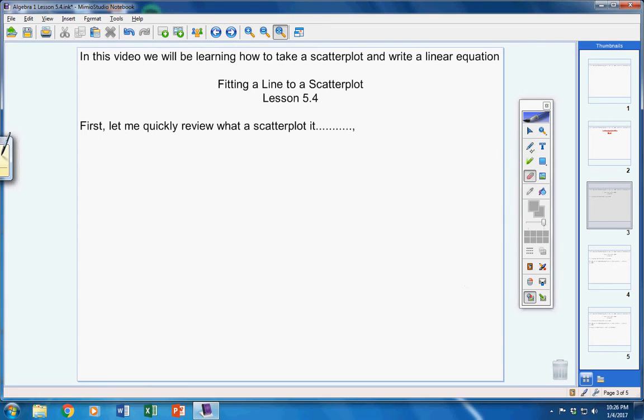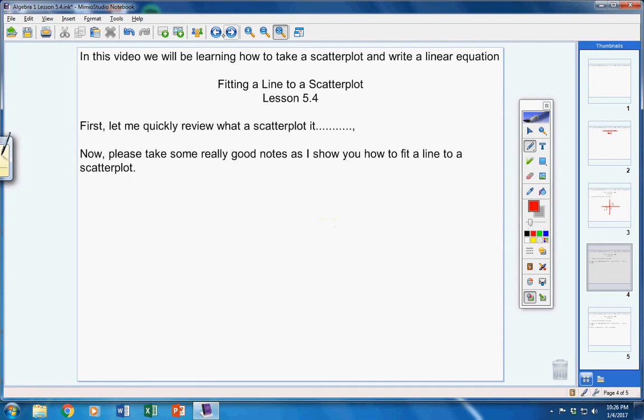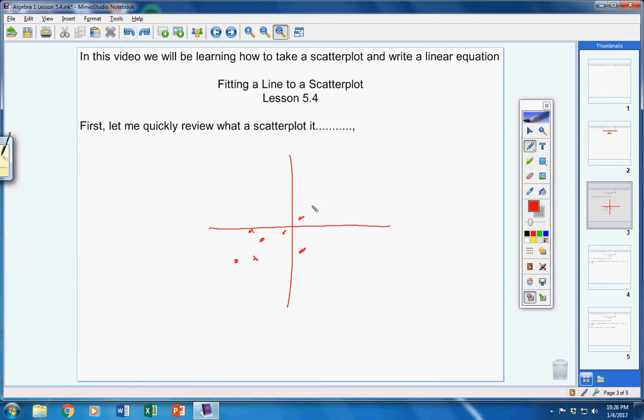Again, you can take notes if you want to, or you can just listen right now, okay? Because I'm really just kind of showing you some little things before we get to the main part of the lesson today. What if a scatter plot looked like this? As you can tell, this scatter plot would have a positive correlation because the line would look something like this.